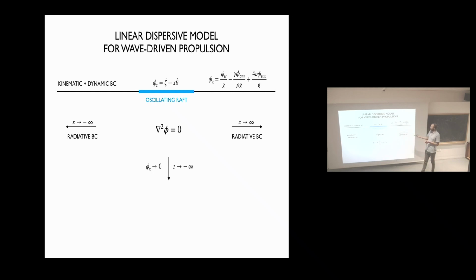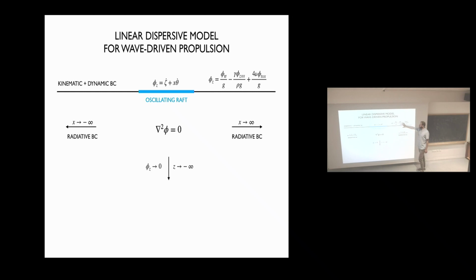If you write down that potential model, this is quite similar to what Robin was talking about this morning. You've got a Laplace equation for the potential in the fluid, and then you've got this raft sitting on top of the fluid. The boundary condition of the raft is just that the water speed is equal to the raft speed.